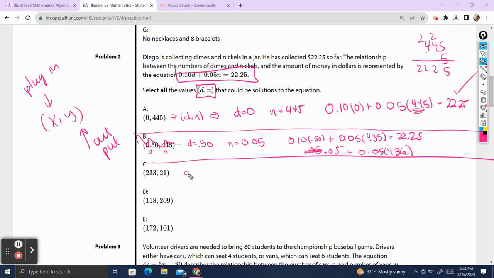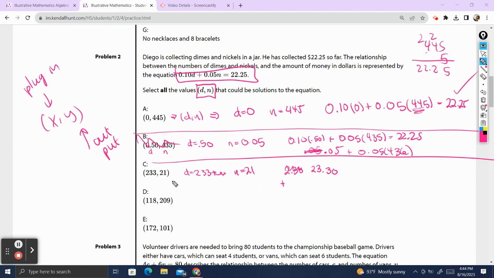In this case, we have our dimes are equal to 233, plus our nickels are equal to 21. Now, I'm going to stop doing this equation because I'm going to do a little bit of mental math. 10 cents are each of our dimes. So if we have 233 dimes, we're not going to have $2.33, we're going to have $23.30.